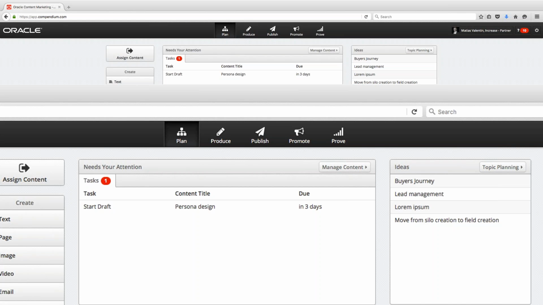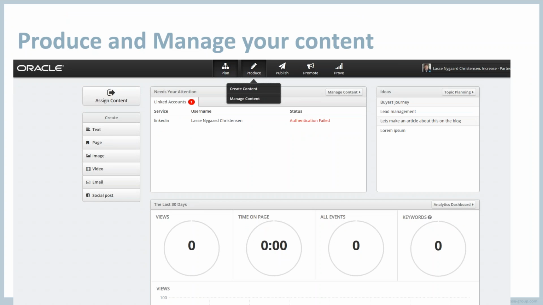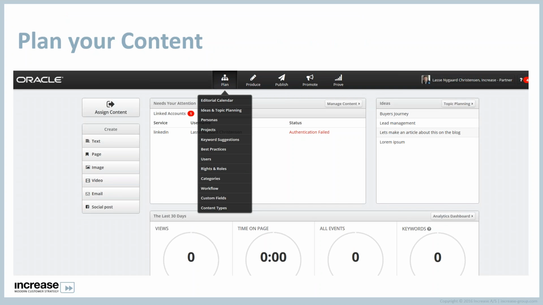It's actually a part of the working process. So when you want to start planning your content, you can start by going into your editorial calendar and you can work through your 5 P's. That's what I'm going to do right now.